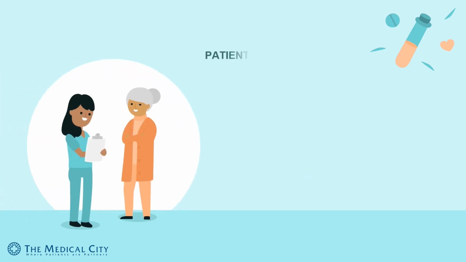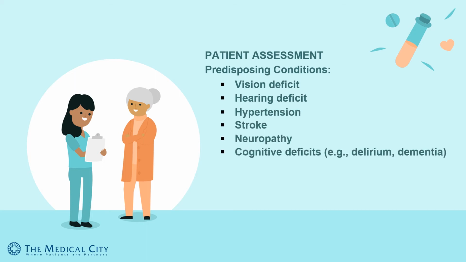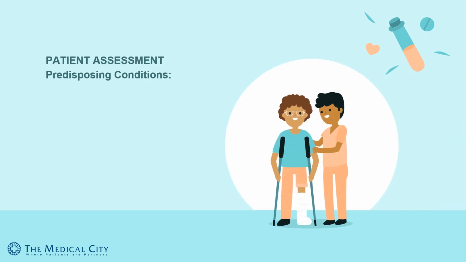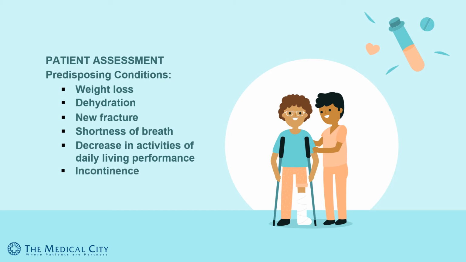Check if the patient is experiencing vision and hearing deficit, hypertension, stroke, neuropathy, cognitive deficits like delirium and dementia, diabetes, movement disorder, fever. Patients may also experience weight loss, dehydration, new fracture, shortness of breath. They may also feel a decrease in activities of daily living performance, incontinence, and other conditions that can cause the incidence of fall.